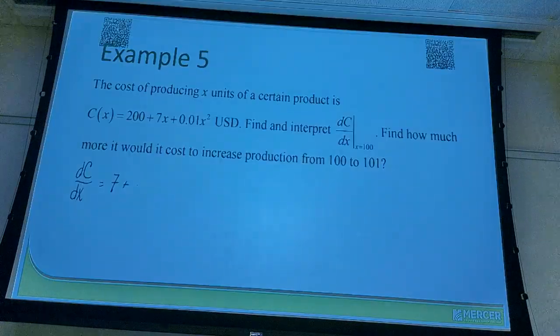What is that called, dC/dx? That's true, but it has a name in economics. Marginal cost? The marginal cost. Now you evaluate that at 100, what do you get? 9. 9 what? 9,000. Interpret that. What does that mean?